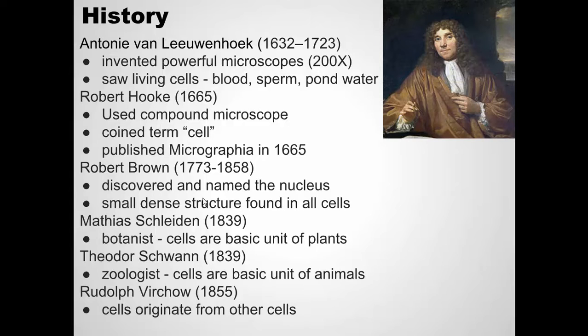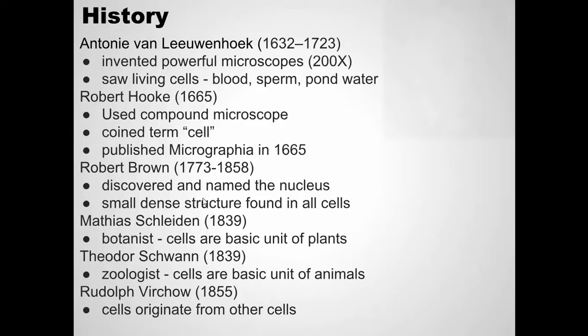He wasn't looking at organelles, but he's the one that named them cells. And he published his observations and drawings in 1665 in a book called Micrographia, which was basically all of his drawings that he made using his microscope.